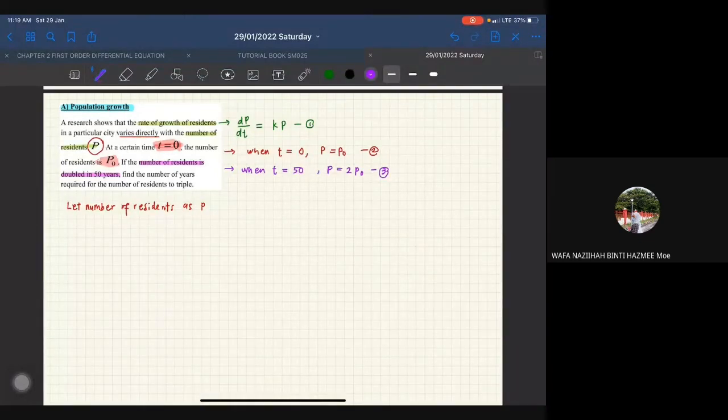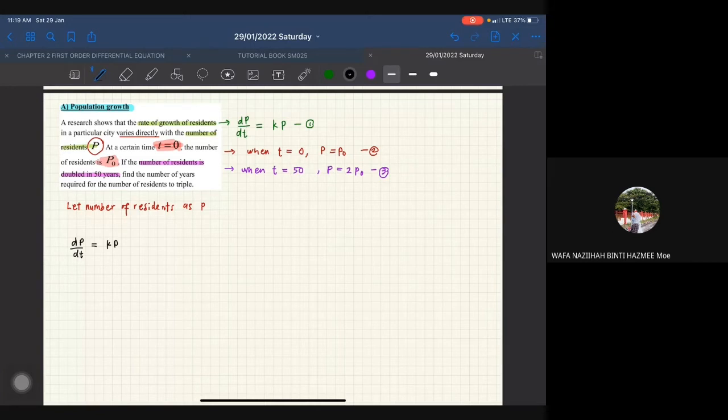Okay, so first thing first, apa yang kita mesti buat is awak mesti separate the variables. Okay, so kita akan guna yang this one. Information yang pertama. So saya salin balik kat bawah. So we have dp dt equal to kp.